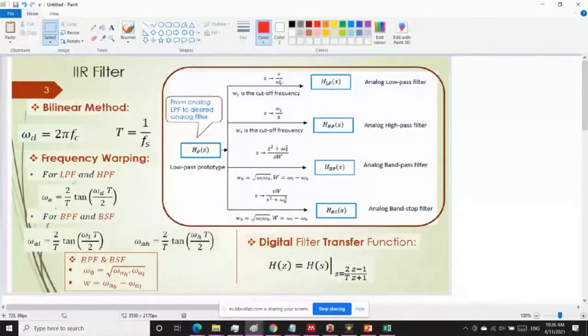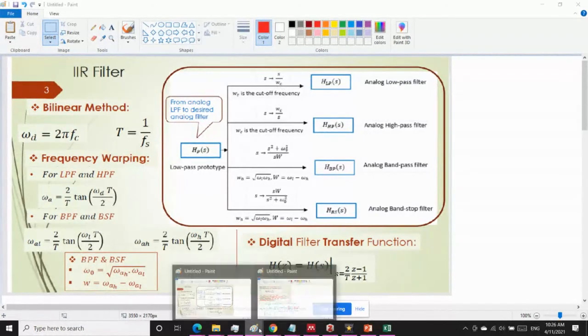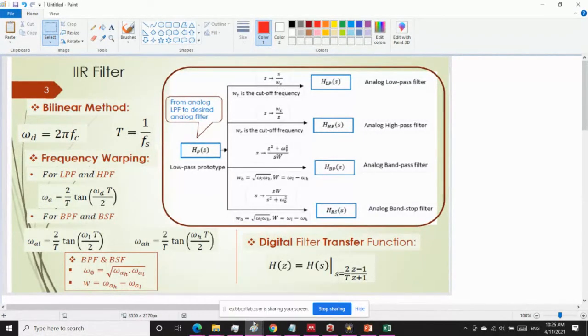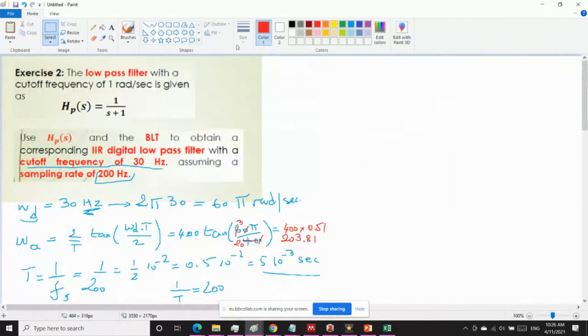For low pass, instead of S we do S over the cutoff frequency.